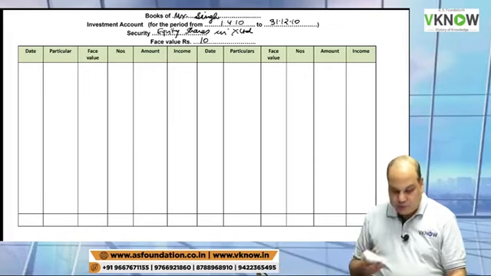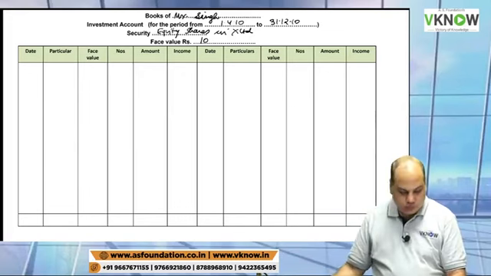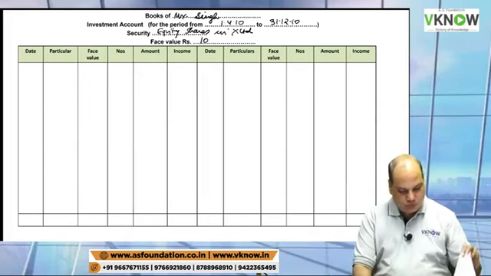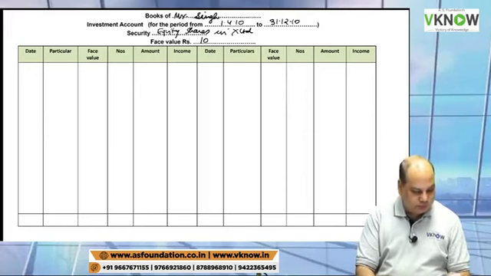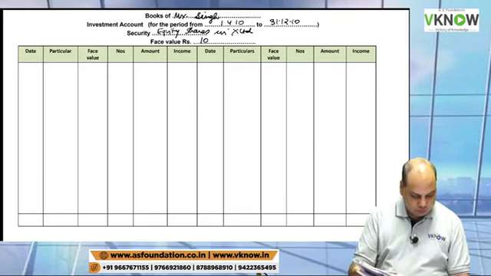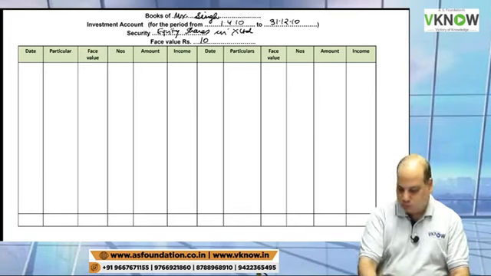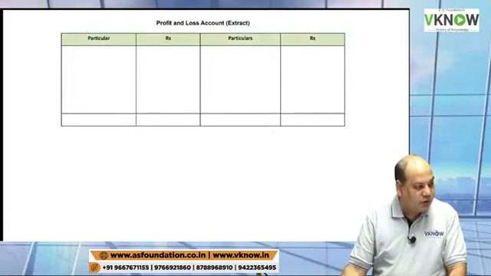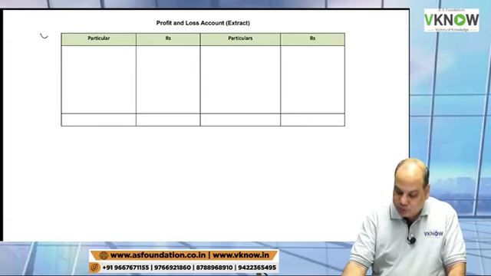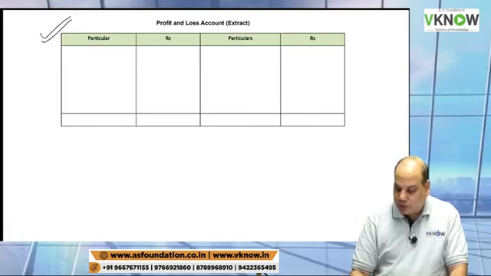Keep 25 lines blank. Okay, most of the students have said that the format is ready. One more format you draw: Profit and loss account extract.